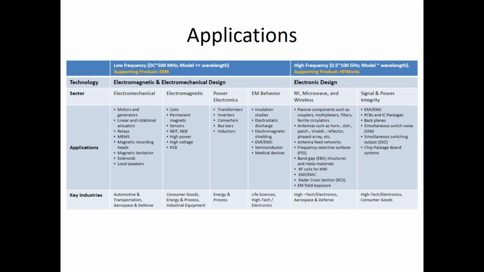EMS, which you see on the left, mainly supports frequencies from DC all the way to a few hundred megahertz, and it covers a lot of electrical machine and electrical applications like motors, generators, solenoids, relays, magnetic levitation, loudspeakers, permanent magnets, coils, sensors, high power bus bar applications, etc. And towards the right we have the high frequency range, from a few hundred megahertz all the way to a few tens of gigahertz, and that's basically the RF and microwave application, and in that space it's the EMWorks products that cater to those kinds of applications.